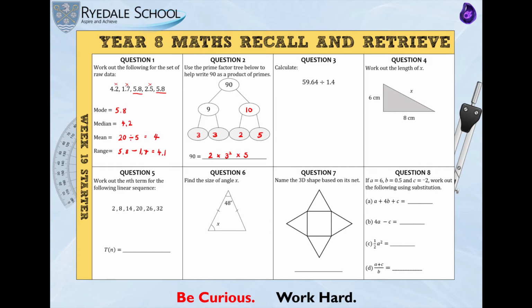Question 3 is a division, and it says calculate 59.64 divided by 1.4. So not using a calculator here, we're using a written method. Well, we know that that is equivalent to, if I times that by 10 and times that by 10, it is going to be the same as 596.4 divided by 14. I'll just jot some of my 14 times table down the side of my page.